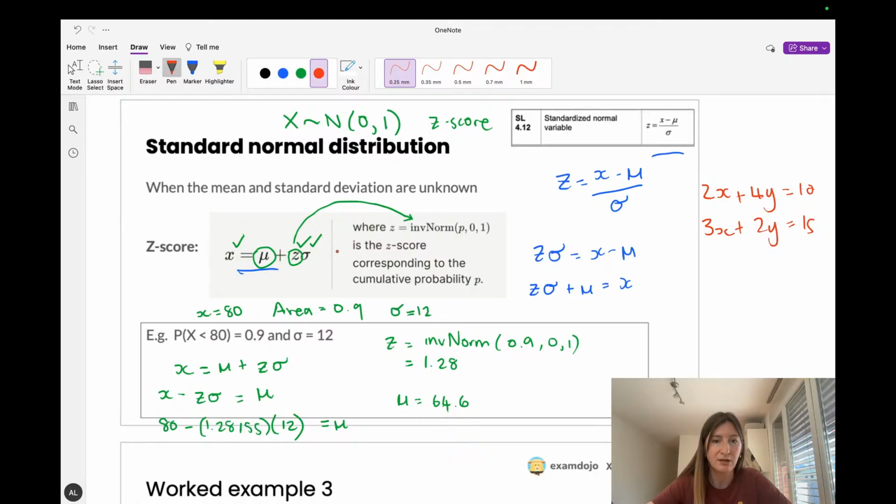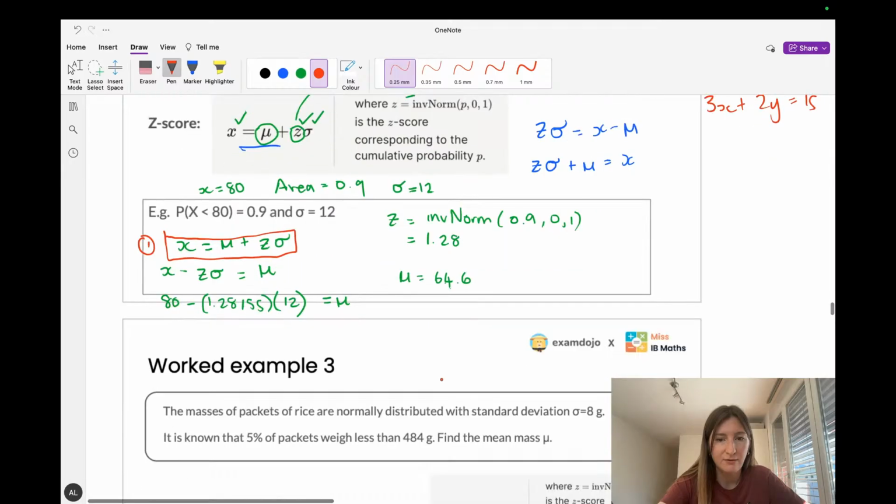It will be the same thing here. If they don't give you the mean and the standard deviation, they'll have to give you two normal distributions, two sets of data that you can put together in the very same way as this. You'll set up your first equation with your first information, then set up another one just like that, and solve it like a simultaneous equation by elimination, substitution, whichever, because these are just nice linear equations.